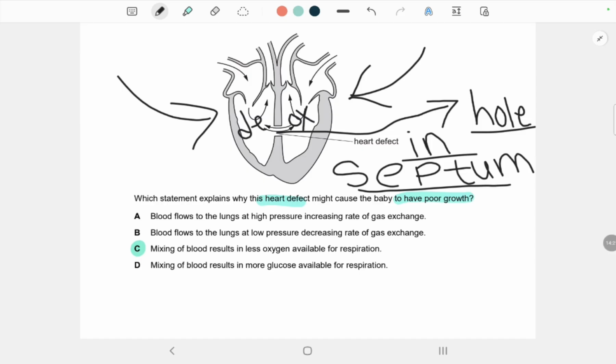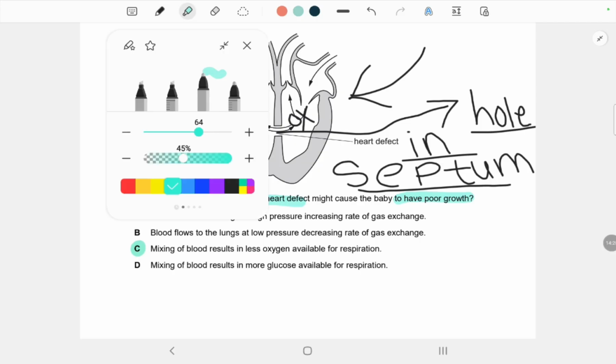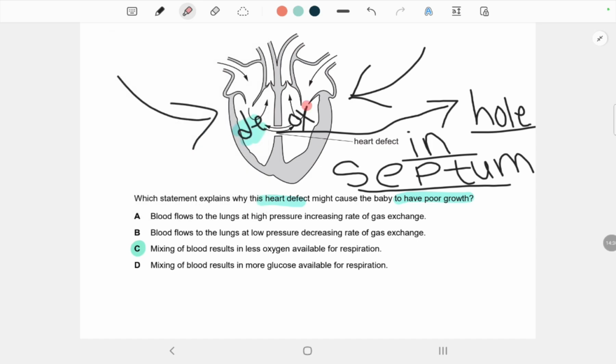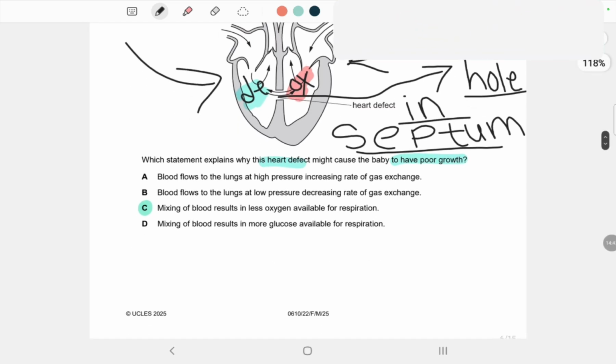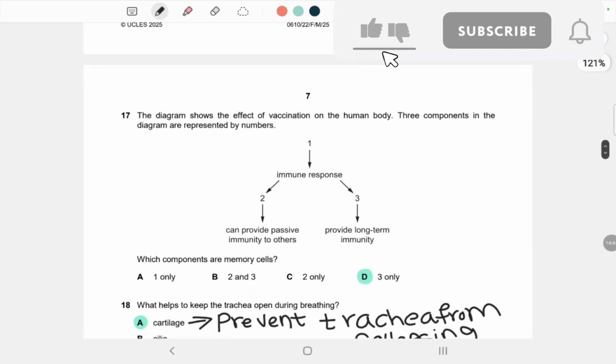So the deoxygenated blood will mix with the oxygenated blood, causing less oxygen to reach other body parts. So there is less respiration, less energy and less contraction of muscles, and everything will decrease. Energy levels will decrease. Maybe he will not be able to move and walk and do other common things.